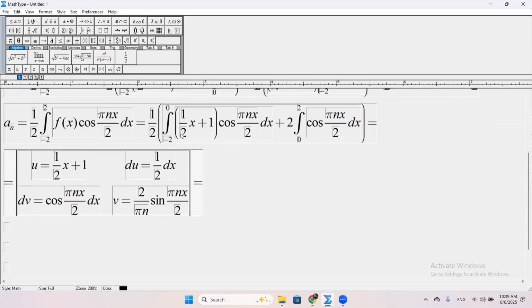So now let's start substituting. So don't forget this 1/2 multiplier.